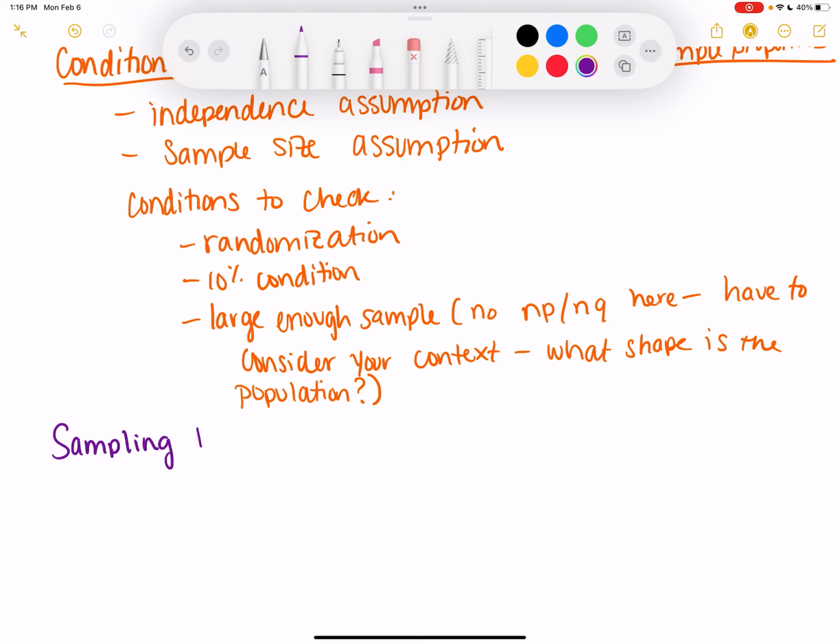Sampling distribution model for a mean with the central limit theorem.